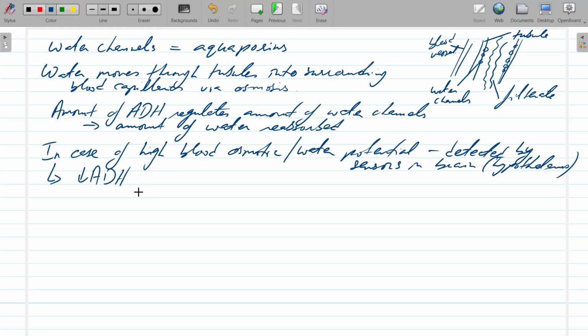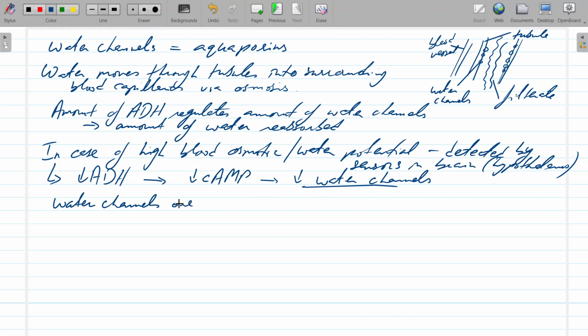Decreasing secretion of ADH would mean that in all the subsequent steps, you don't have cyclic AMP, so the water channels are actually taken back up. The aquaporins are taken back up into vesicles in the tubule cells.